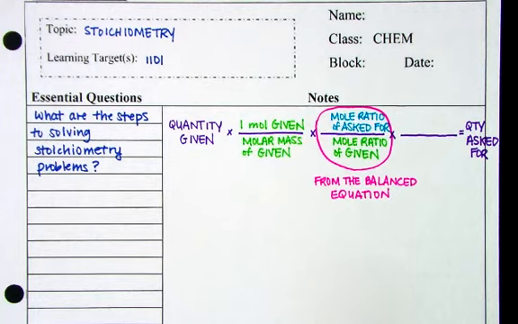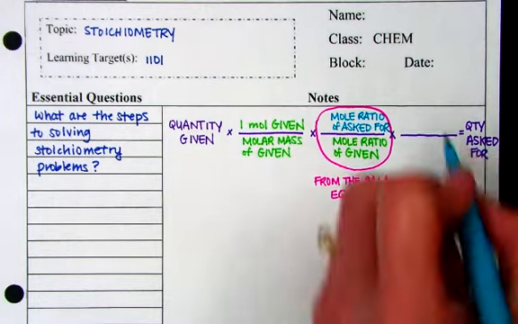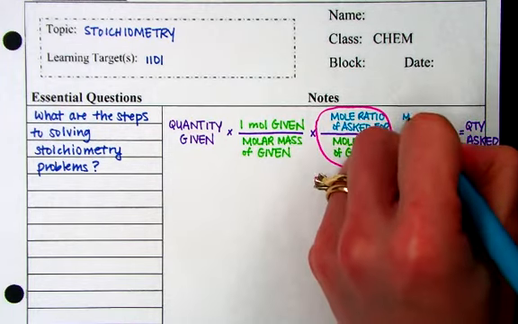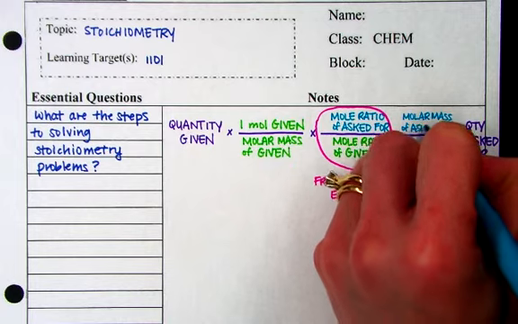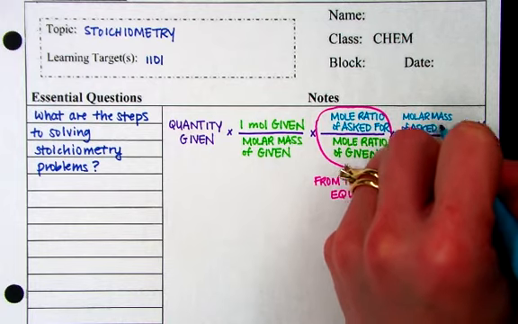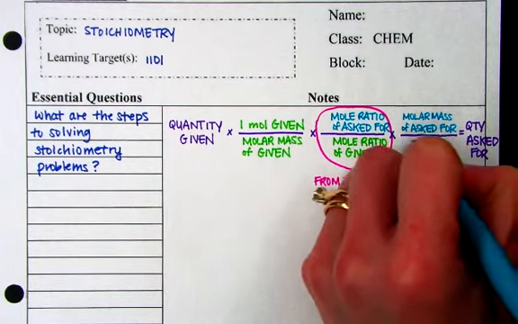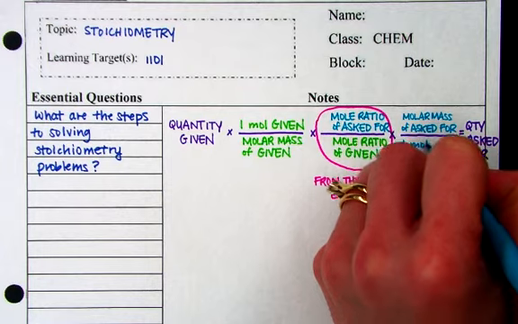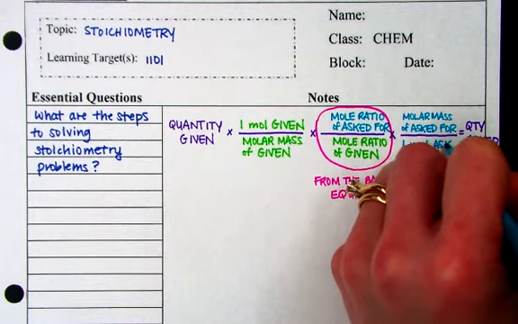Then the third conversion uses the molar mass of what's asked for over 1 mole of that same chemical.